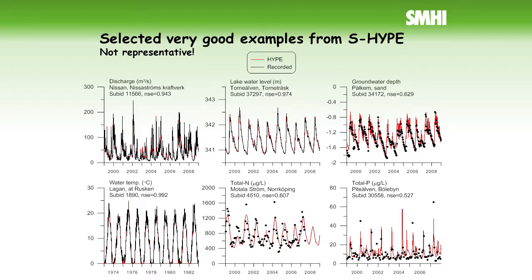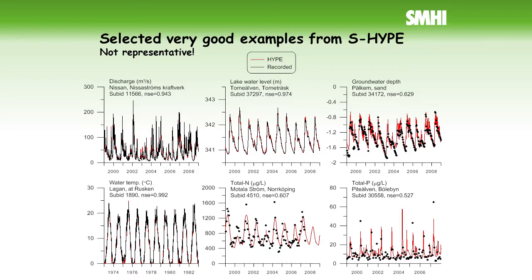So some examples of what we can model with a HYPE model. And these are selected examples of very good performance. So they are the best within each substance, more or less. And these are all from Sweden. I think you shouldn't expect this type of agreement right away from your model applications in the worldwide HYPE.